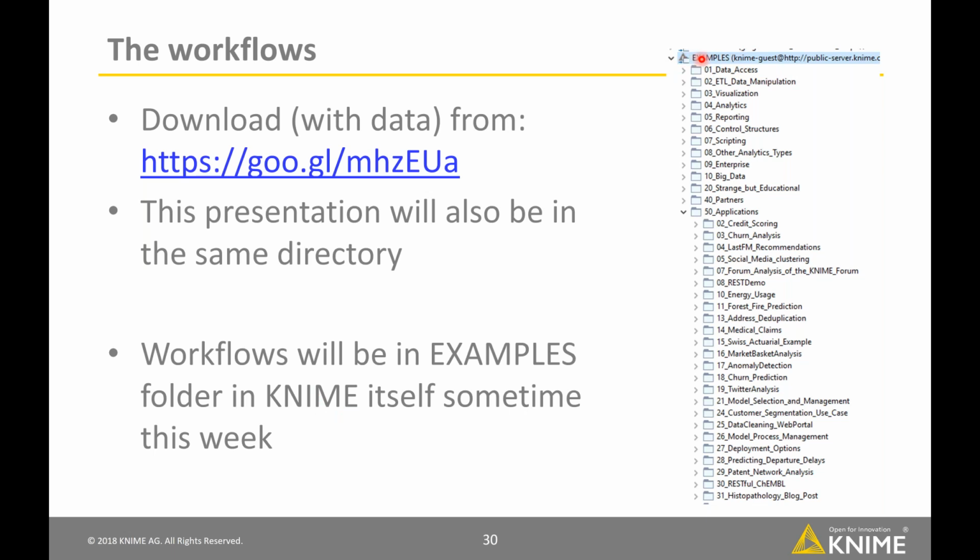You right click on this and click login, and the login happens automatically. The examples I just showed you are going to be in this 50 applications folder. Somewhere down at the bottom, there's going to be 32 or 33 hit list analysis, and that's where all these workflows will be. At the moment, they're still just in Dropbox, so I need to clean them up.